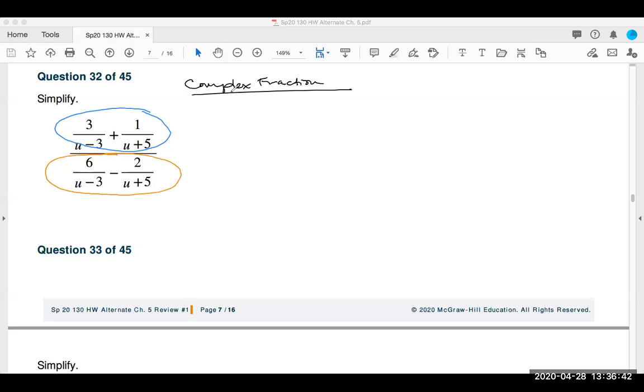Orange for the complex denominator. So we need to find the LCD for the top, in blue, and the orange on the bottom separately. So LCD for this top portion is the factor u minus 3 times the factor u plus 5. And in this case, you actually get the same LCD for the denominator of the complex fraction.